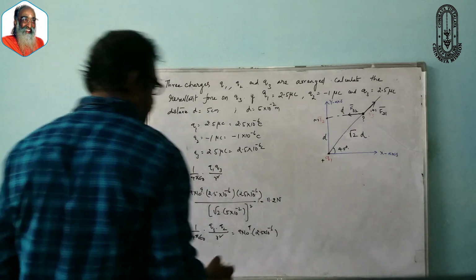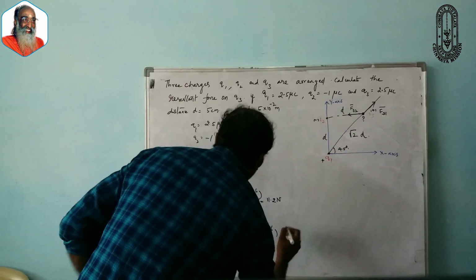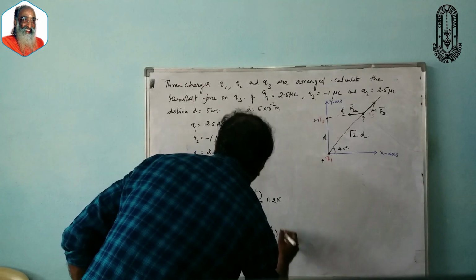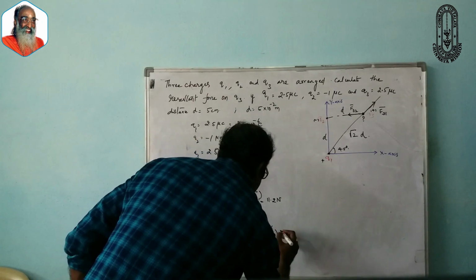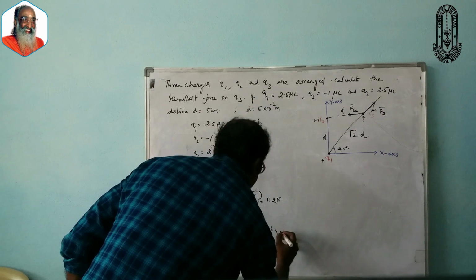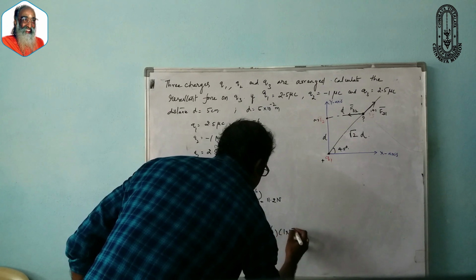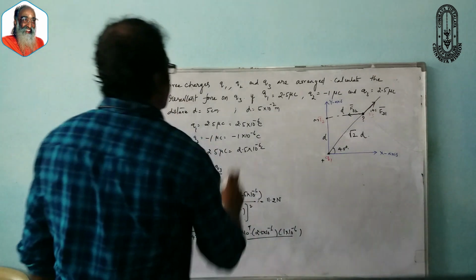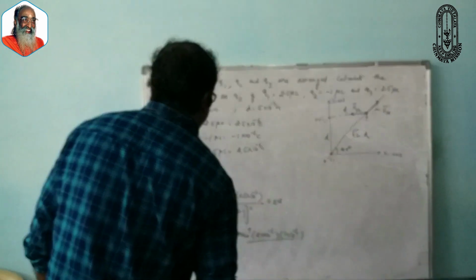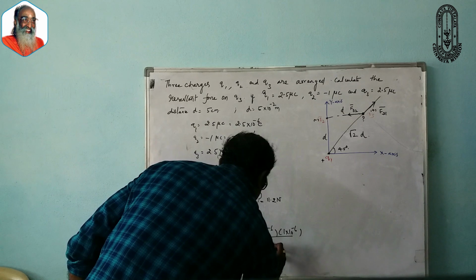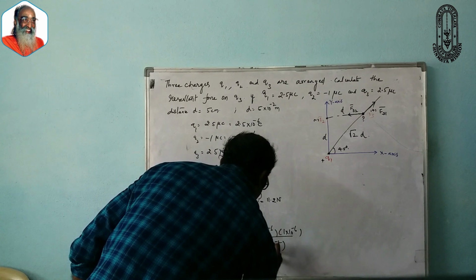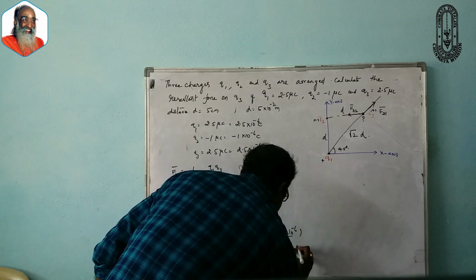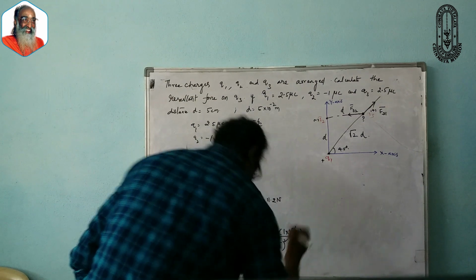No need to mention the symbol here, because we are going to find the magnitude. We already know the direction, as I presented it in the form of an arrow. Divided by r square, that is 5 into 10 to the power of minus 2, whole square. By calculating this, we get the answer as 9 Newton.